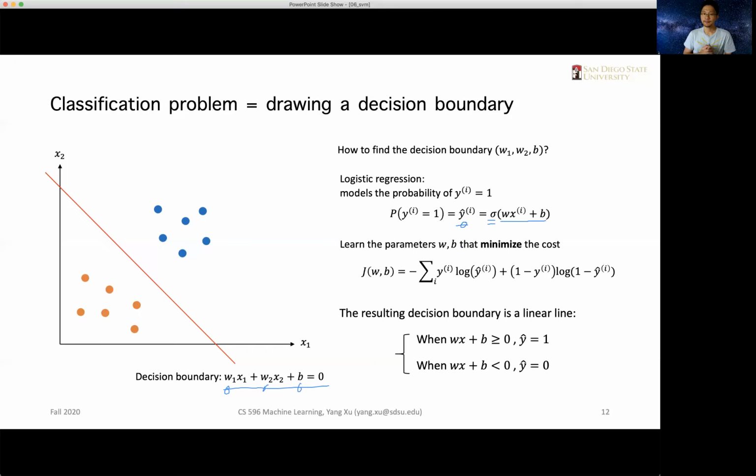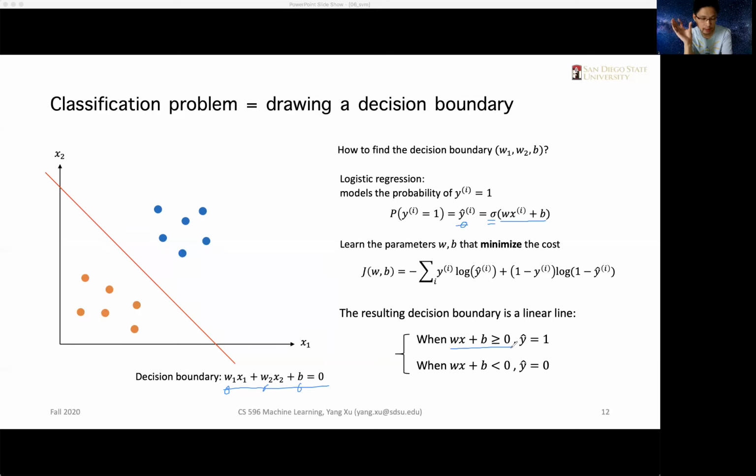Remember, at the prediction step, after we have trained a logistic regression, we don't necessarily need to use the sigmoid function again. When the input to the sigmoid is positive, the sigmoid will always output a value that is greater than 0.5.